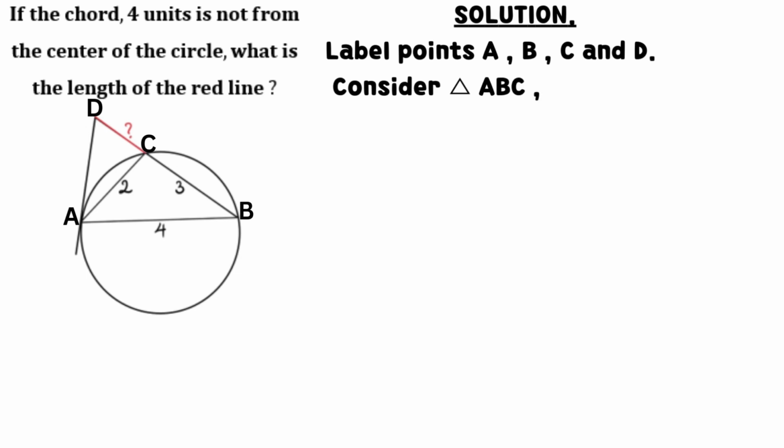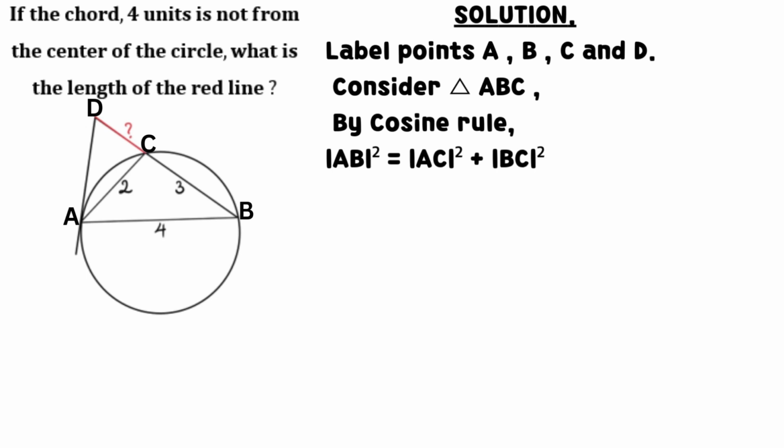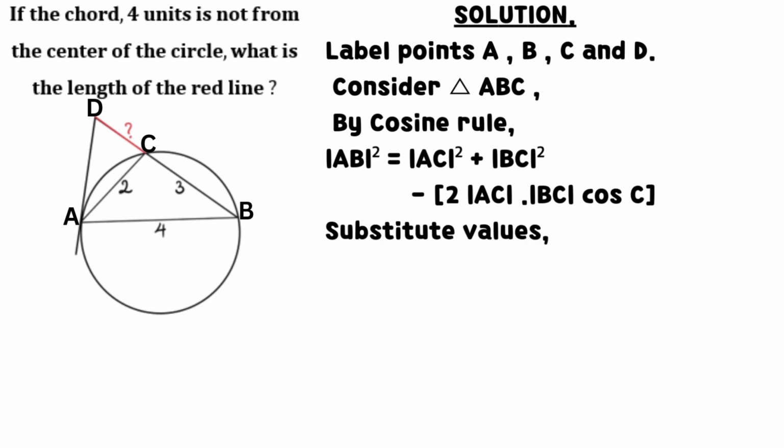Consider triangle ABC. By cosine rule, the square of line AB equals the sum of the square of line AC and the square of line BC minus 2 times the product of line AC and line BC times cosine C. Substitute the values of line AB, line AC and line BC.